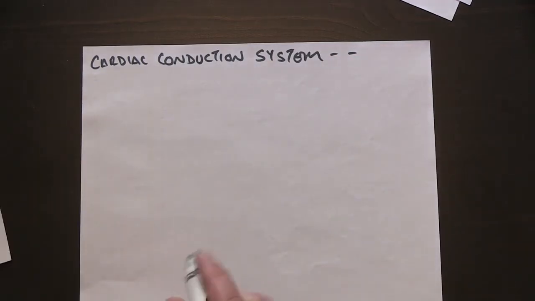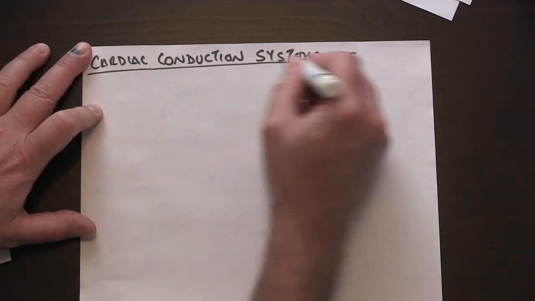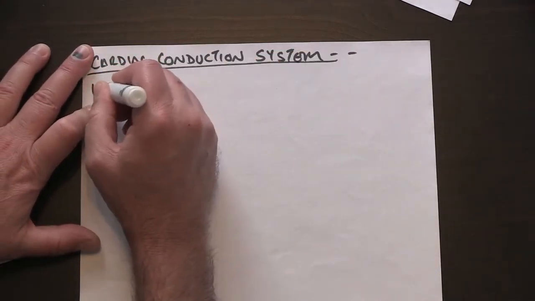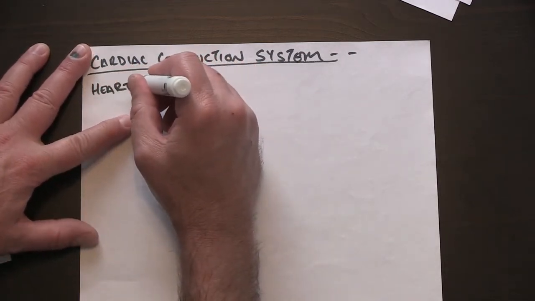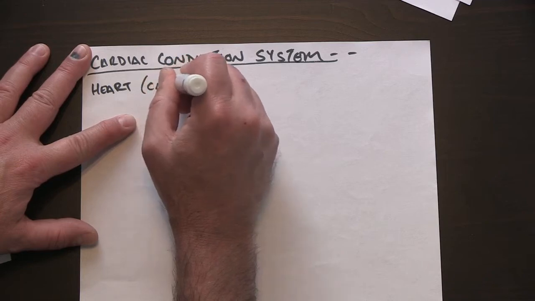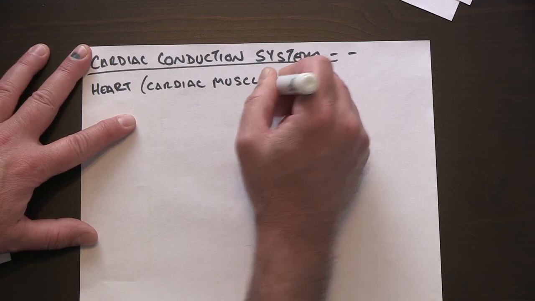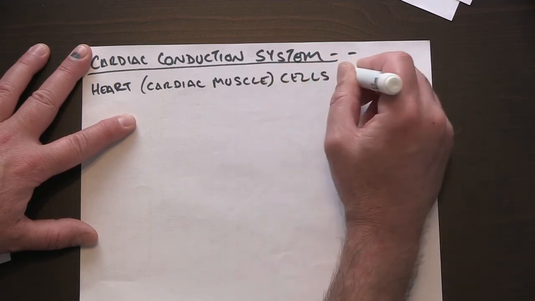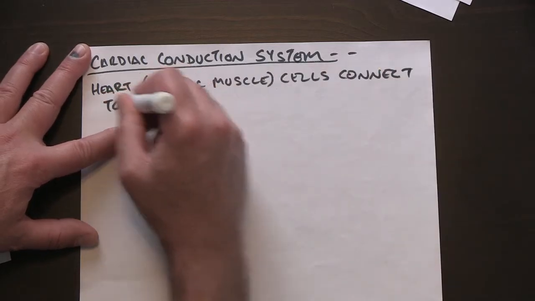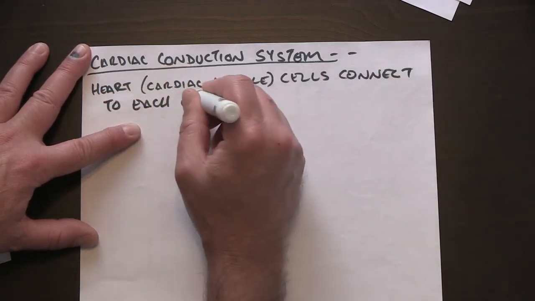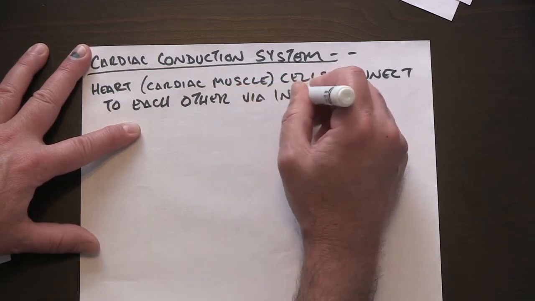As I'm sure you remember, heart cells are cardiac muscle cells, and they connect to one another through intercalated discs.